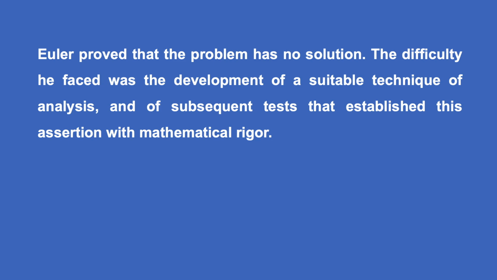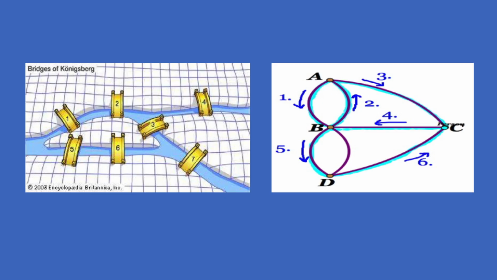The difficulty he faced was the development of a suitable technique of analysis and of subsequent tests that established this assertion with mathematical rigor. A graph is a set of points in a plane or in a space and a set of line segments or curves, each of which either joins 2 points or joins a point to itself.